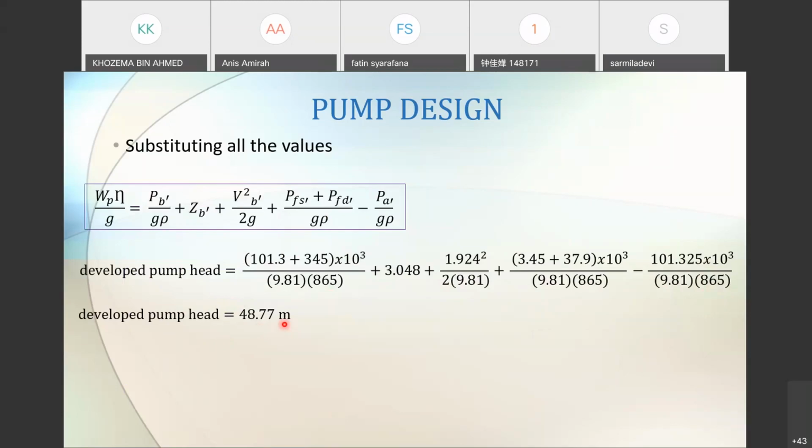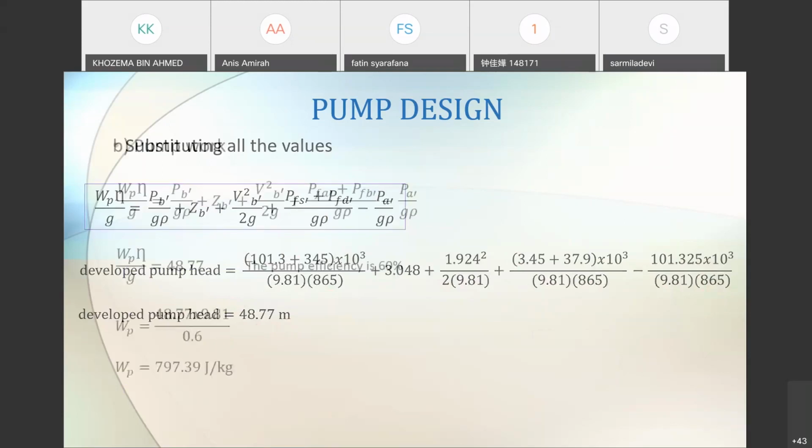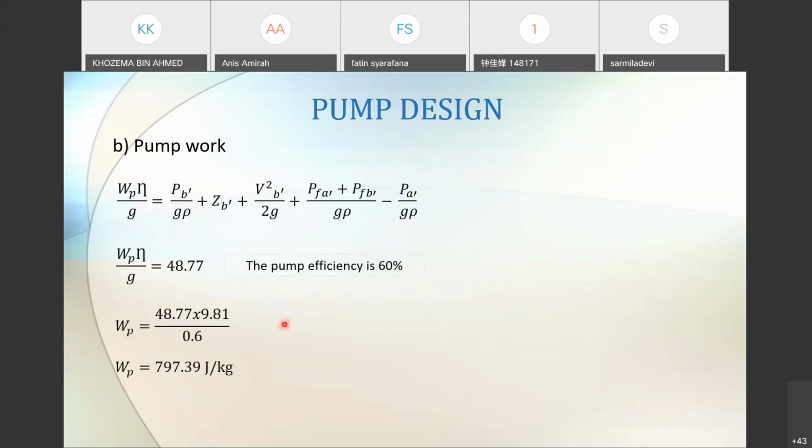That is for question A. Now for question B. Question B is asking us to calculate the pump work. Now this is the initial equation, and we know that this whole term here is equal to 48.77, and we want to find the value of WP only, and we know that the value of efficiency is 60% or 0.6.